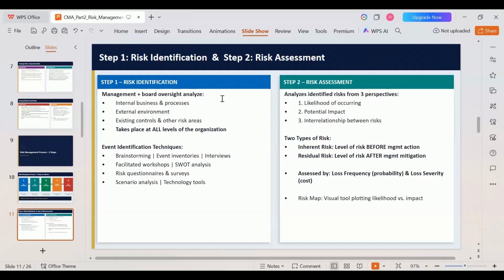So all of them will be involved. Here in facilitated workshops, the audience that you are covering for knowing the company's risk is very wide. You are involving both internal parties and external stakeholders. Here, you will come to know maximum of the risk exposures of the company.